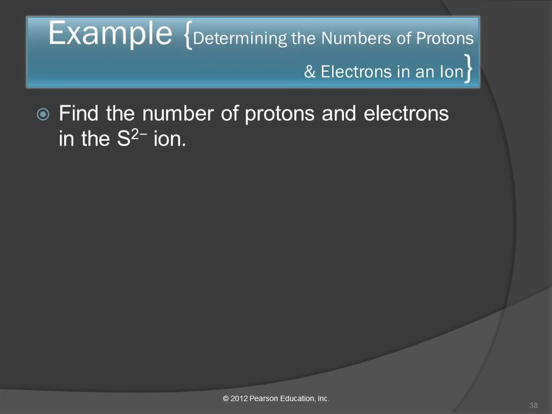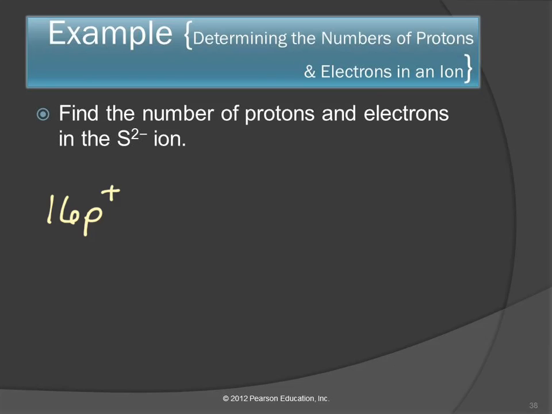Another example, find the number of protons and electrons in the S2 minus ion. How do we find the number of protons? Periodic table, right? We just look it up. Sulfur has 16 protons. The number of electrons, we're going to figure out based on the number of protons and the charge.